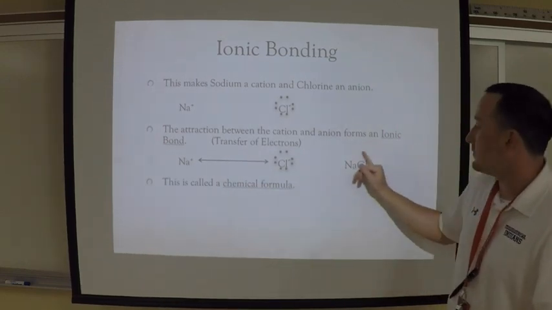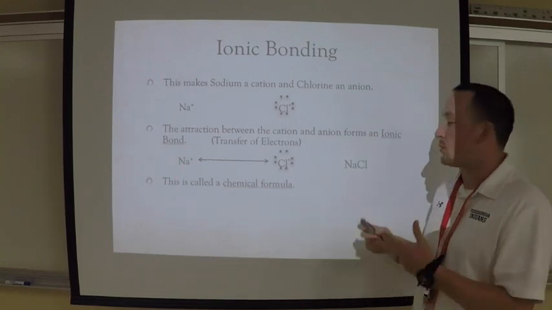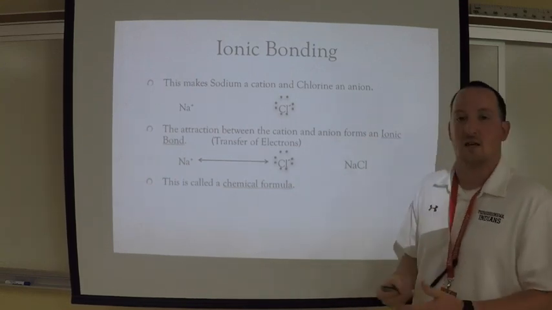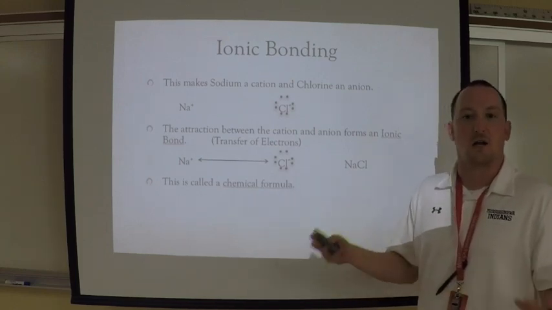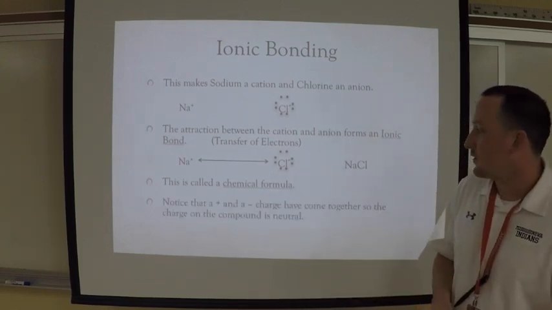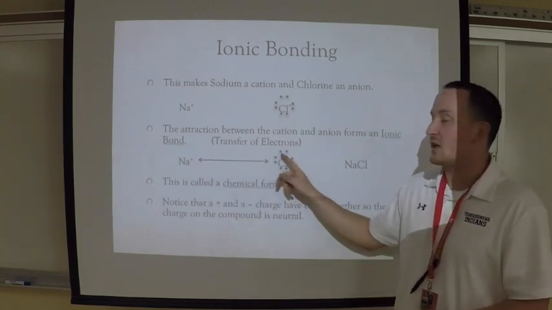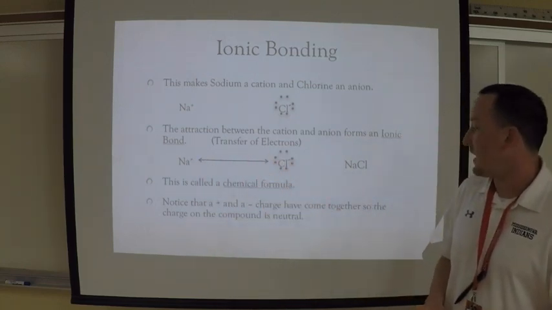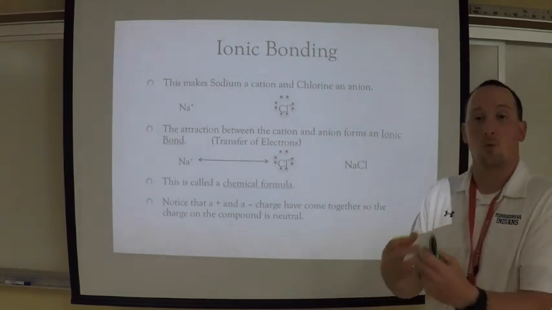And this right here, this NaCl, is what's called a chemical formula. Okay, so we would write NaCl to represent this compound that's been formed, this ionic bond that's been formed. So again, I want you to notice that these have a positive and a negative charge on them. And what happens is when those two come together, they come together in an equal ratio.